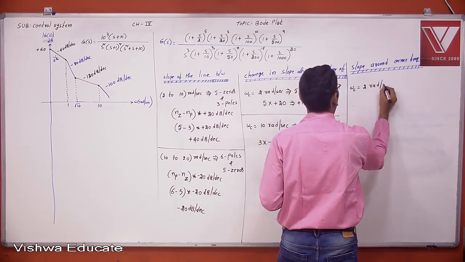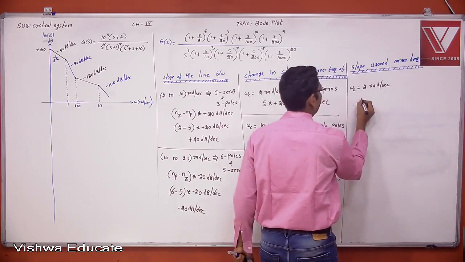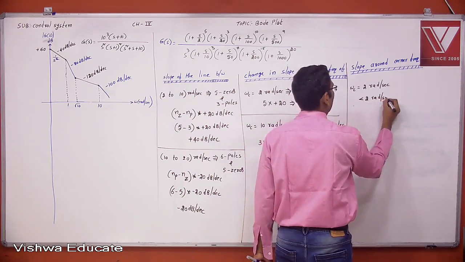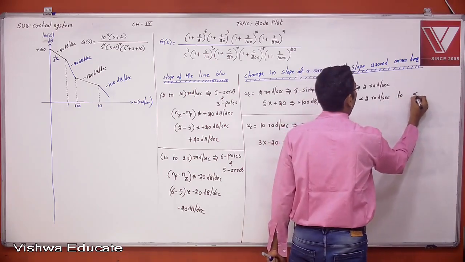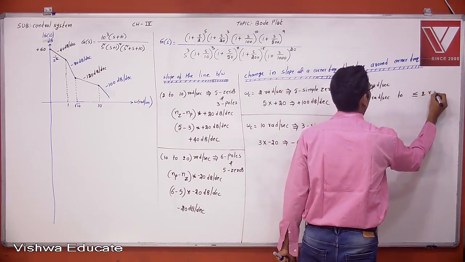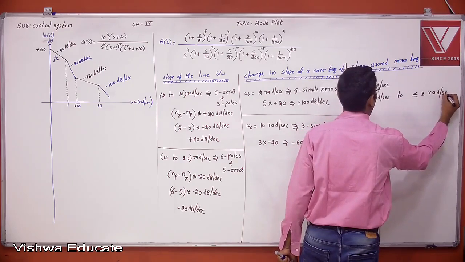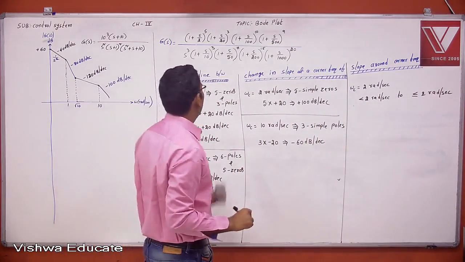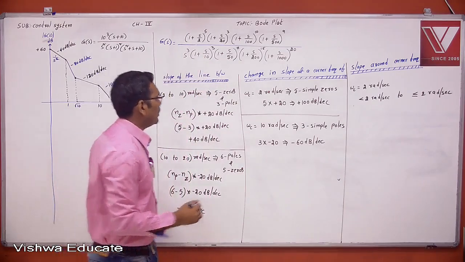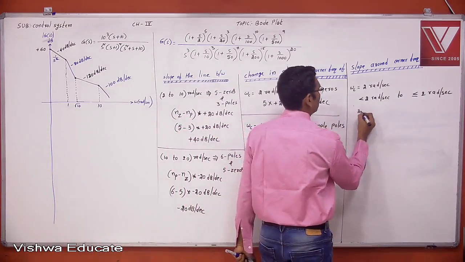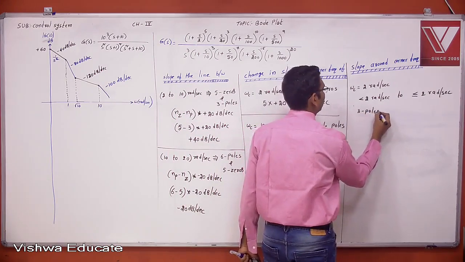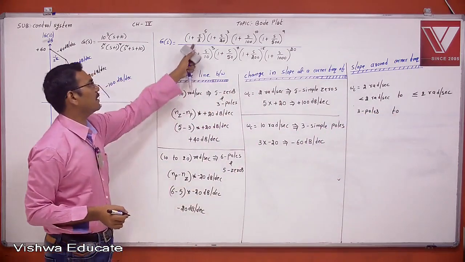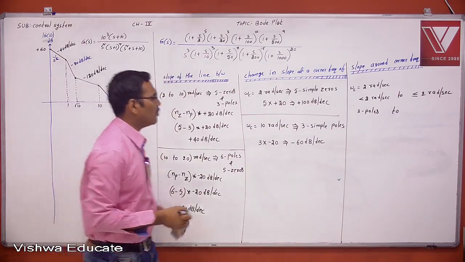I am giving one procedure. First consider all the terms less than 2 radians per second. Next, less than or equal to 2 radians per second. This is the procedure to find slopes around the corner frequency. Less than 2 radians per second means only 3 poles. Less than or equal to 2 radians per second means 5 zeros, 3 poles.